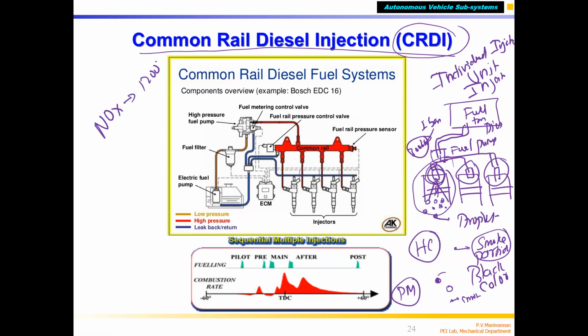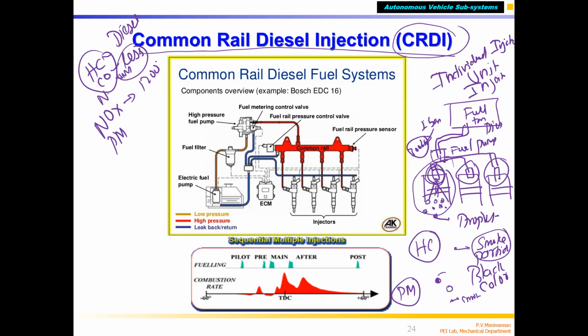This is because of the high compression ratio. Apart from that, if fuel is not burned properly, if you don't give sufficient time for burning the fuel, then you will get particulate matter. You will not get HC and CO emissions more in a diesel engine; in a diesel engine, HC and CO emissions will be very less compared to a petrol engine.